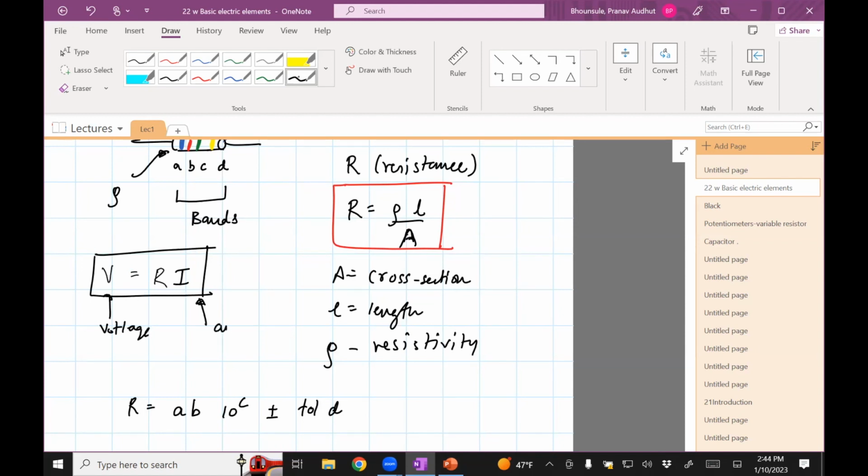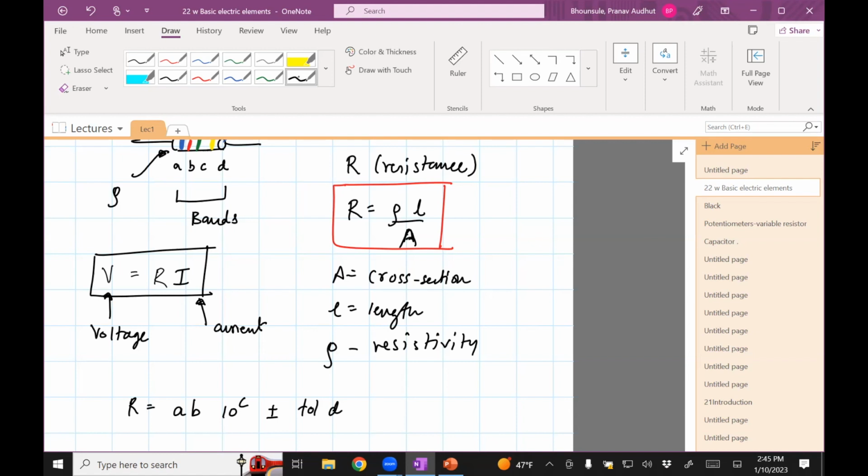This is the current. So this is basically what they call the constitutive equation for a resistor. That is, if you pass a voltage or you connect a battery, and given the resistance, it will tell you how much current will flow through it. So the bigger the R, the lower the I.